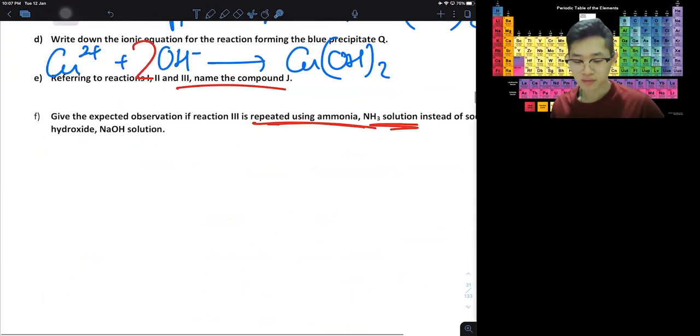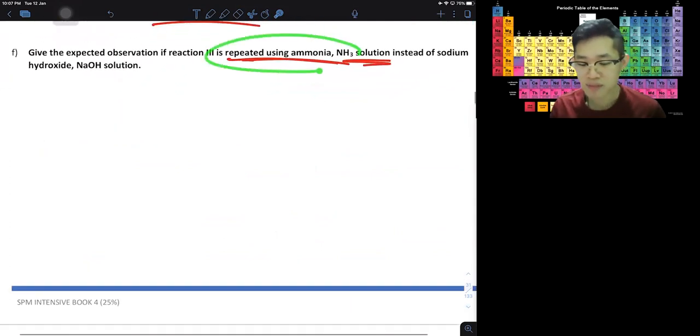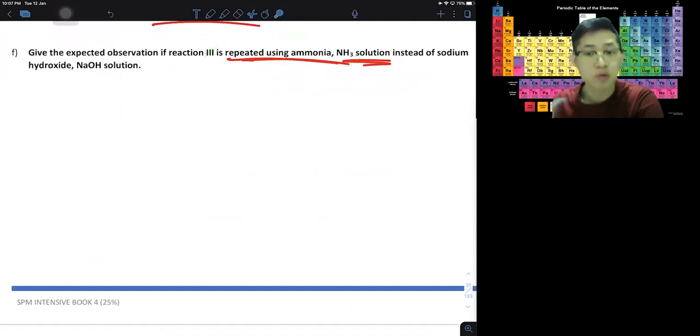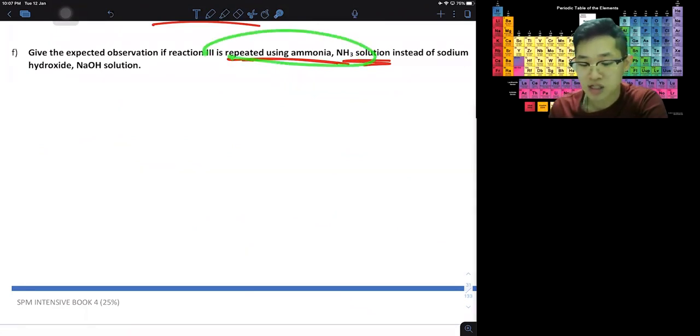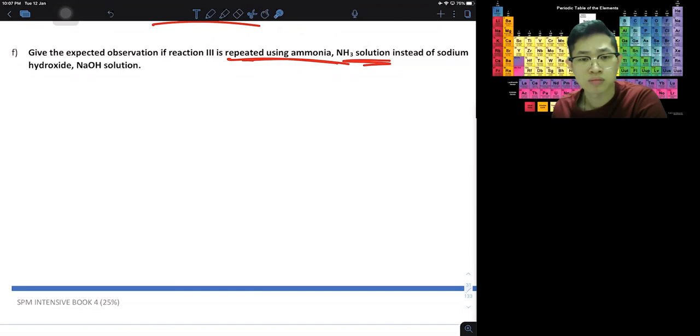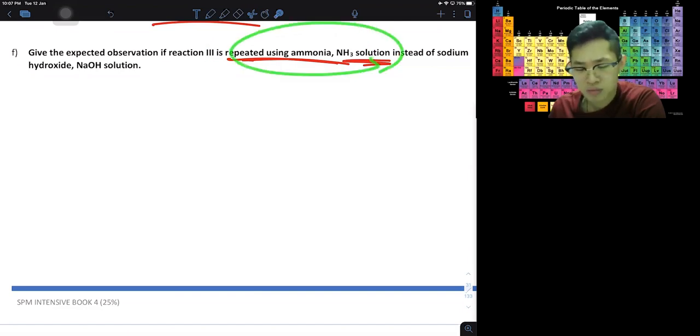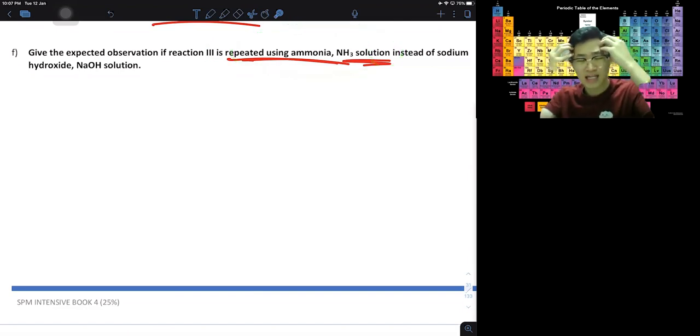How about this, when we repeat it by using ammonia solution instead of sodium hydroxide, what is the observation they will give you if you use ammonia solution to test the copper 2 solution? Ammonia, test cation.